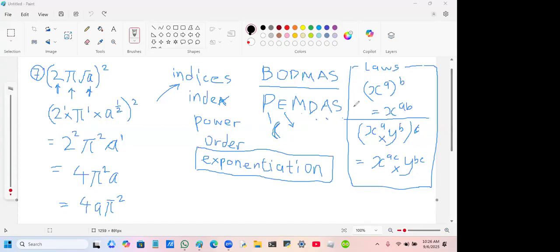What will make that a have a squared on it? Can you guess? If we are multiplying it by 4. Well, yes, but let's do it in such a way that we're multiplying by 2, not by 4. What will make that a have 2 as its power and not 1?